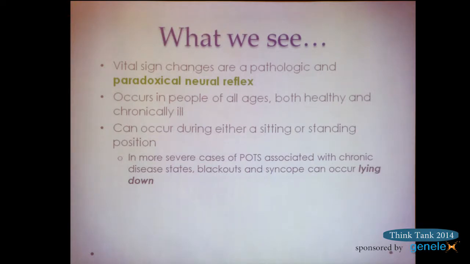It can occur in people of all ages, both healthy and chronically ill, and can occur either in a sitting or standing position. I think we've all had experiences with patients who have chronic disease states where syncope has occurred in the supine position, which in classic teaching we've been told is very difficult to achieve. So this does surprise a lot of people when they encounter it.